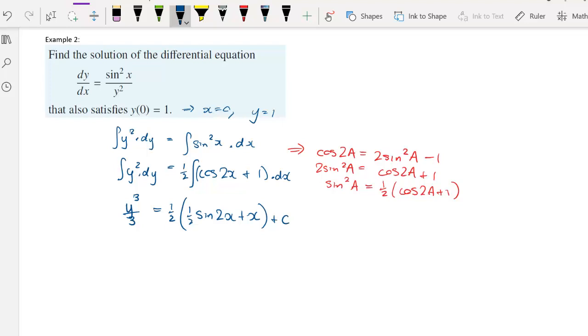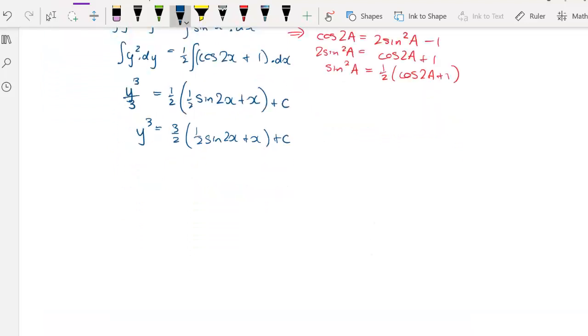plus c. Now as we're looking to isolate y, then we will multiply by 3. So we've now got y cubed is equal to 3 on 2, 1/2 sine 2x plus x plus c. We can take this fraction out of the bracket. So that means we have 3 on 4, and everything inside the bracket is multiplied by 2, which gives us sine 2x plus 2x plus c.